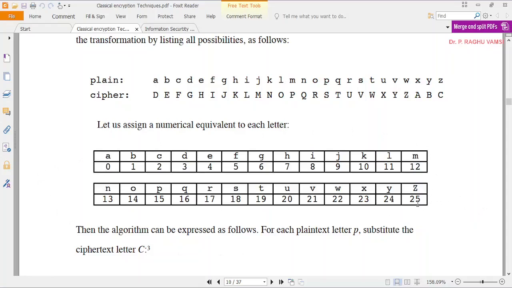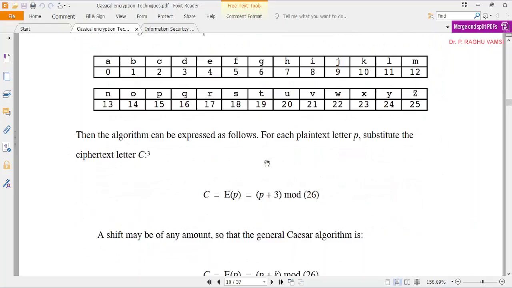Whatever characters are there will fall under this range of 0 to 25. That means, mathematically, can't we take modulo 26, so that any operation will fall under this range of 0 to 25? So the ciphertext will be the encryption of the plain text: whatever character you have taken, plus 3, modulo 26. Again, it will fall under this range.